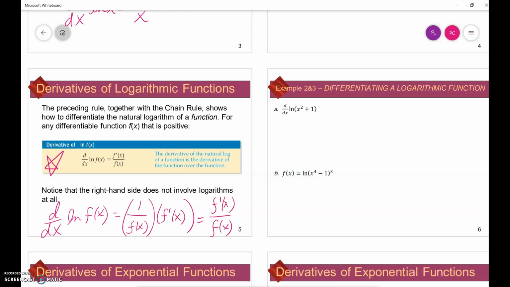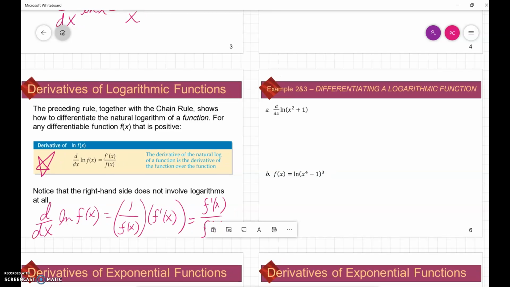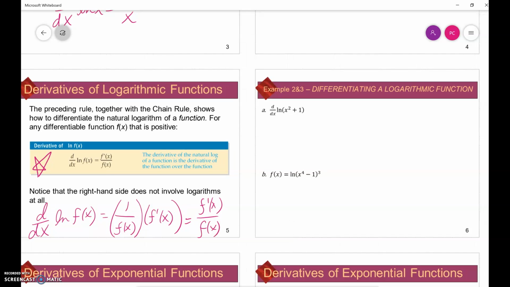So if we look at the next couple of examples, I've got the derivative with respect to x of ln of the quantity x squared plus 1. All right, so again, it's that chain rule. The bottom of our fraction is just the inside function, so x squared plus 1.